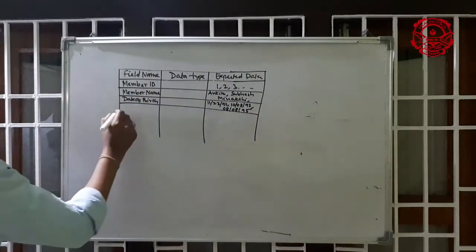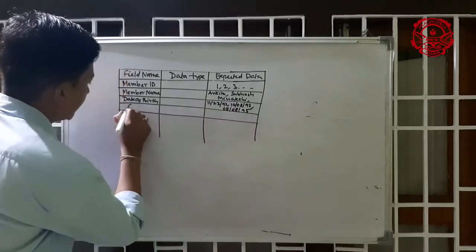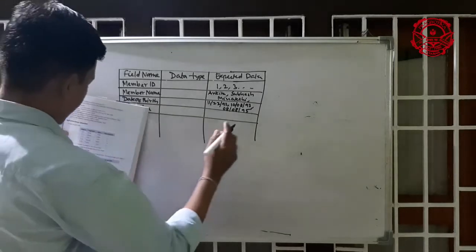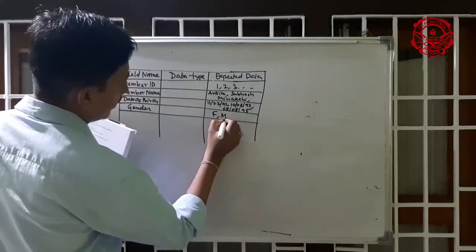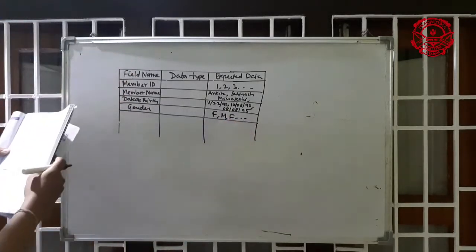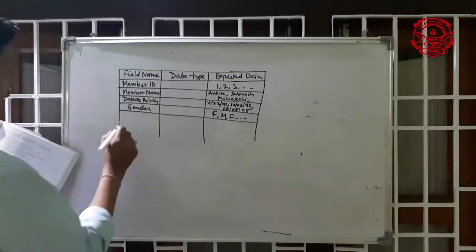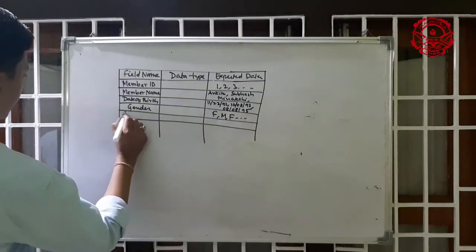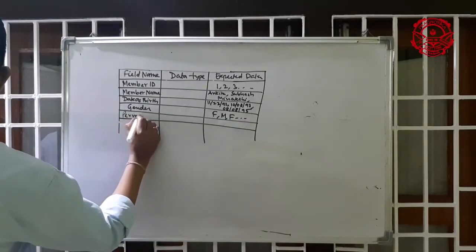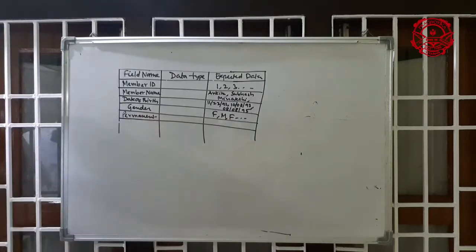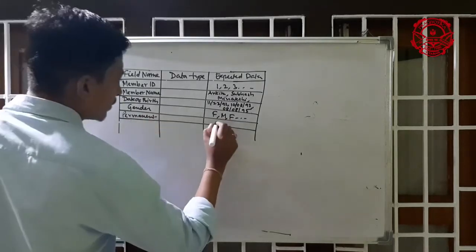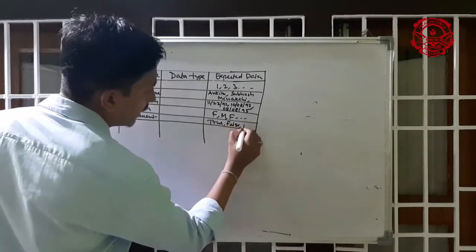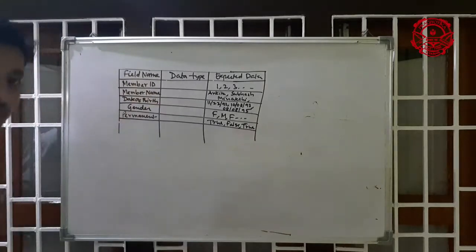Next is gender, expected M, F, M. Okay. Now next one is permanent. Expected value is true, false, and again true.